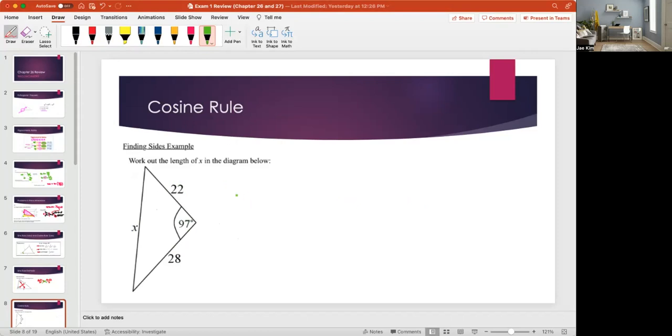So the rule says opposite side square equals this square, 22 square, plus this squared, 28, minus 2 times this, which is 22 times 28 times cosine 97.